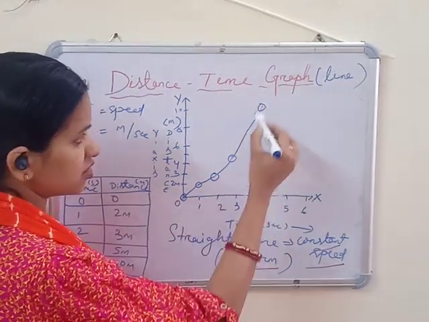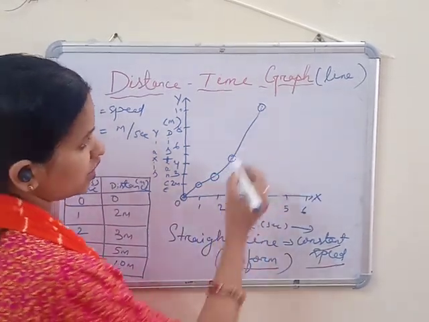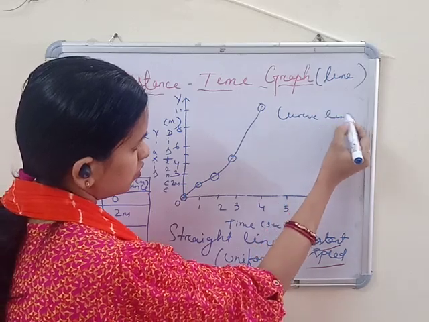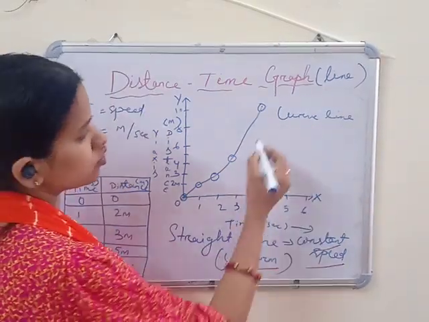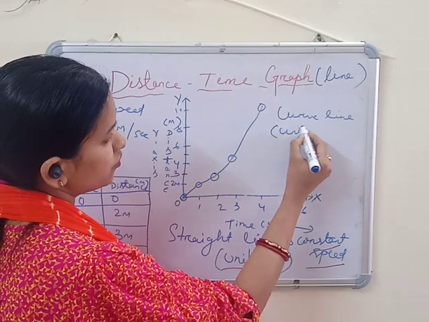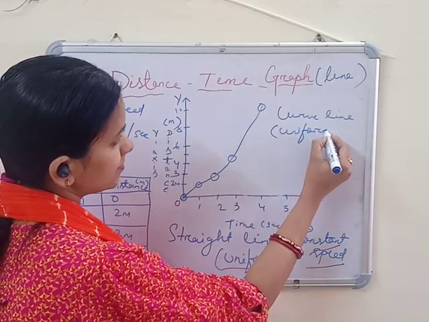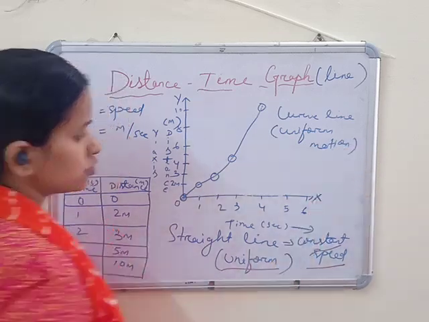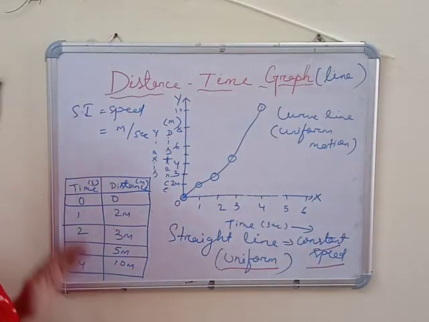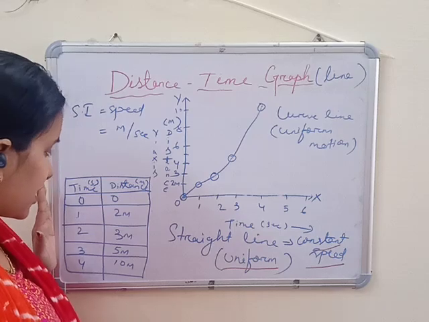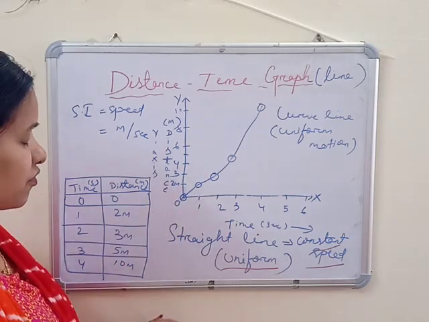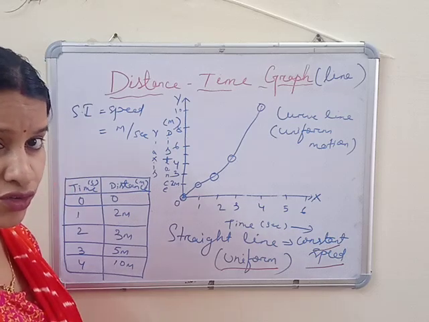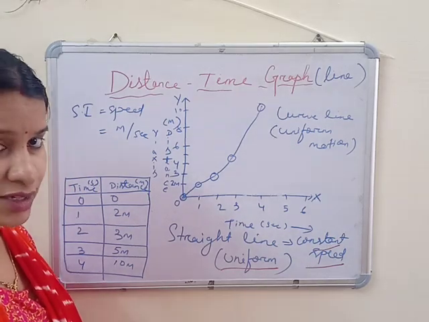It is somehow a curved line. So if you get a curved line, or not a straight line, then it is a non-uniform motion. Okay. So from interpreting the data in the graph, the nature of the graph tells you whether the object is in uniform or non-uniform motion. Clear?